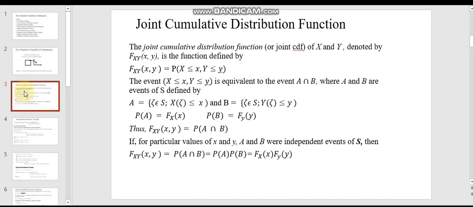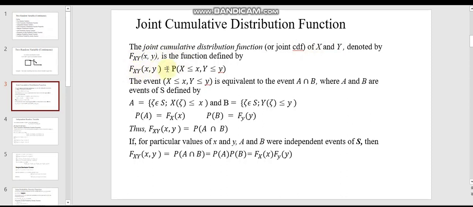Now let us talk about the joint cumulative distribution function of continuous random variables. The joint cumulative distribution function, or joint CDF, of two random variables X and Y is denoted by F sub XY of x, y.